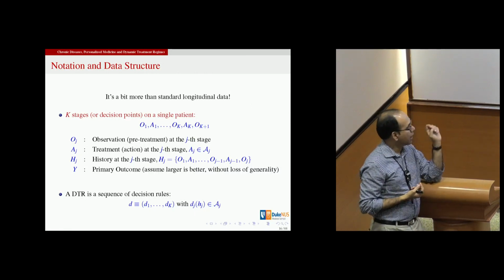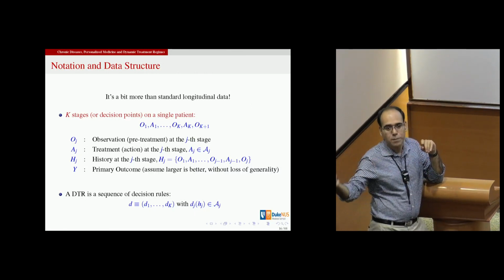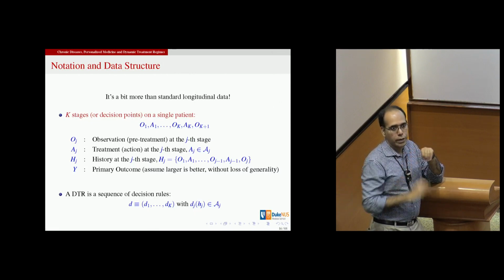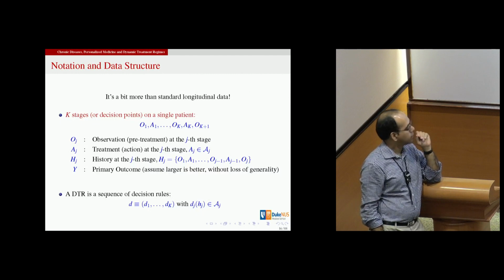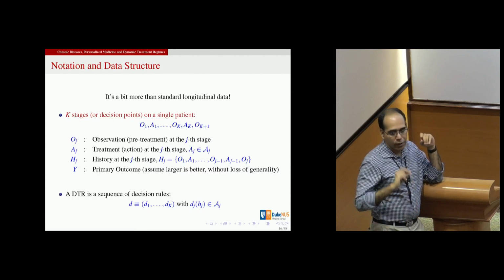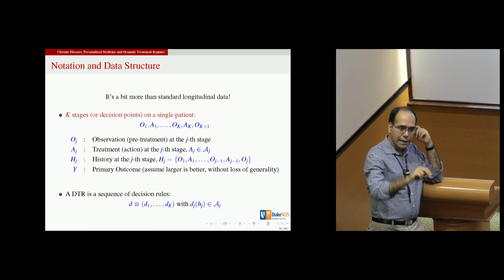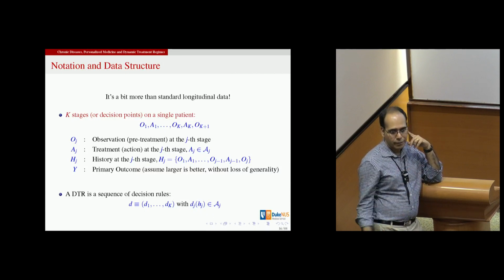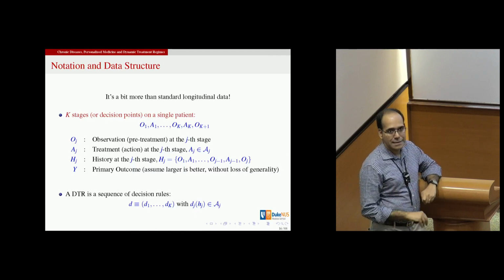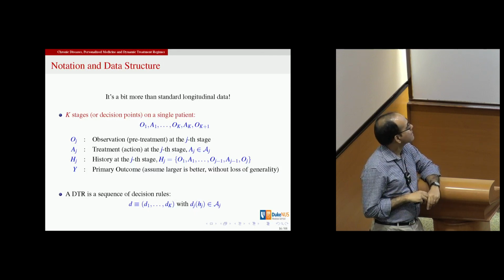So you have Dj of Hj. You observe the Hj of the patient, input it into that Dj, the rule, and that will spit out a treatment recommendation that falls in Aj, the given treatment space. That's what it means mathematically.